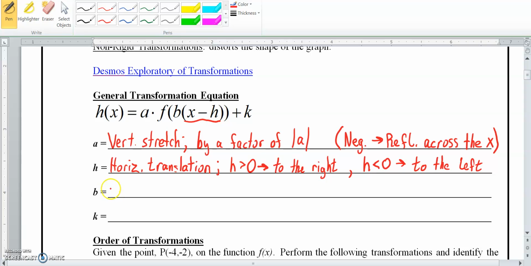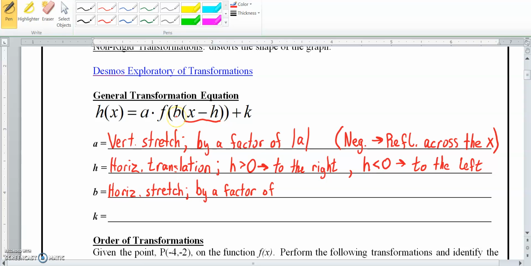B, we have our horizontal stretch. And this one also, so we say it's a horizontal stretch by a factor of, and just like the vertical stretch, we don't just take the B value at face value.